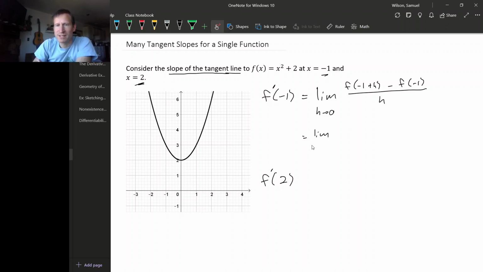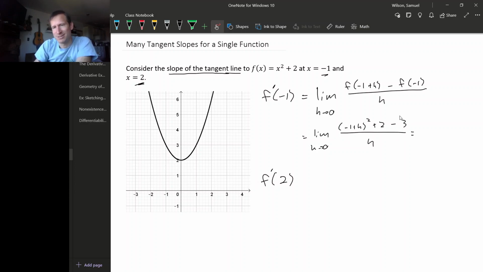This is the limit as h goes to 0 of, let's see, we need to plug minus 1 plus h, not 1 minus h, into our function here. So minus 1 plus h squared plus 2 minus f of minus 1, and that's going to be 3, it looks like. Okay, all over h.